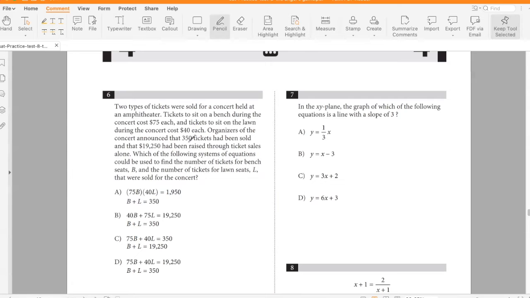So the total number of tickets sold was 350, so bench plus lawn is 350. That's one. And each bench ticket was 75, so 75B plus 40L should be 19,250. That's the total revenue. So B plus L is 350 and 75B plus 40L is 19,250. D.